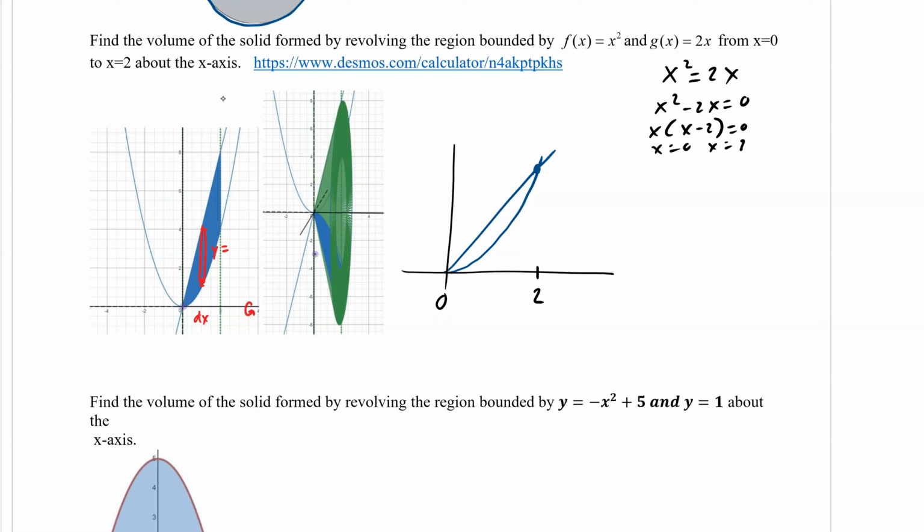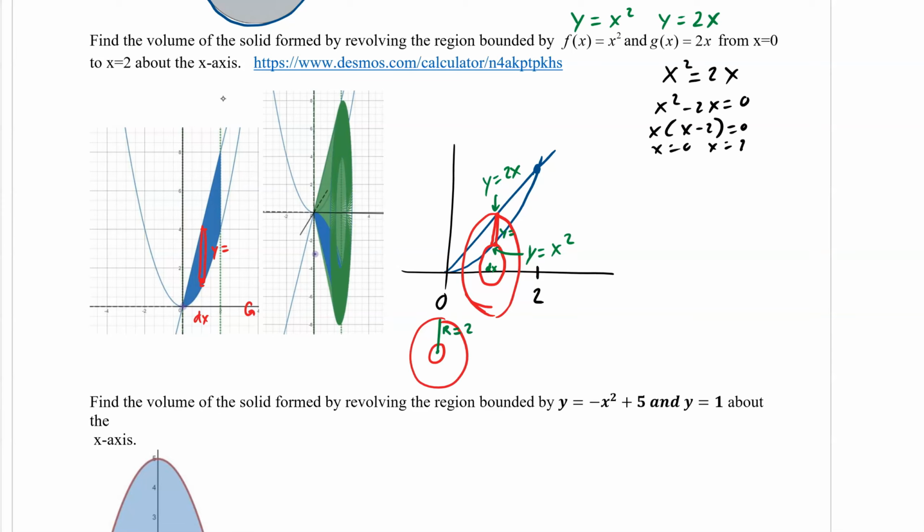And so our top function here, the one that makes the top, see how it's connecting right here, that's y equals 2x. And the one that connects at the bottom, that's y equals x squared. So you can see the top one, which is the big R, is 2x, and the bottom one is little r. So if we draw our disk, and then we label it, that would be big R, which is equal to 2x.